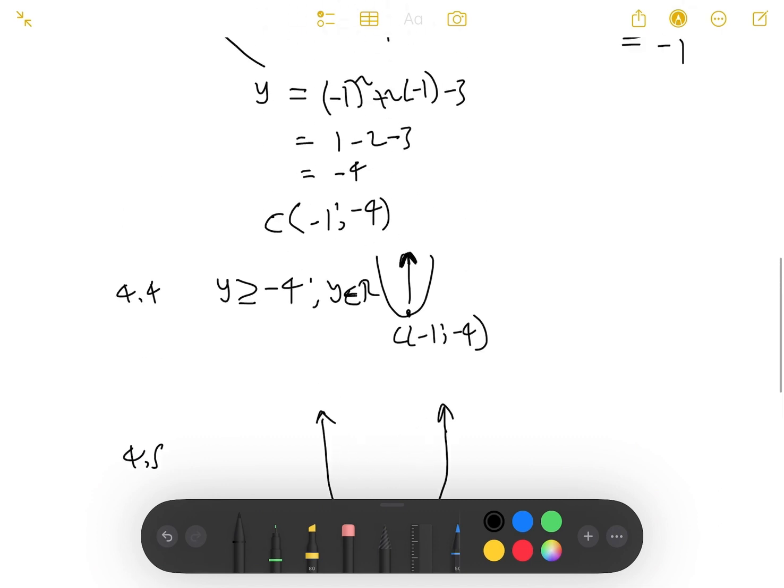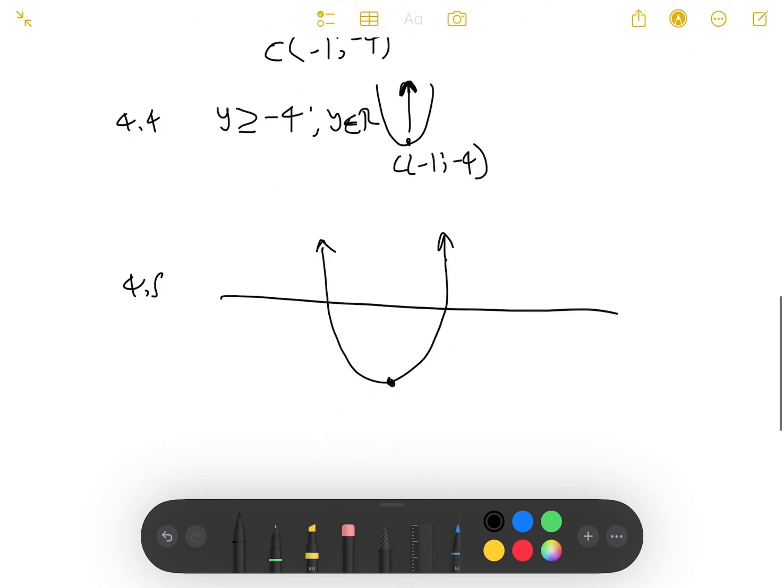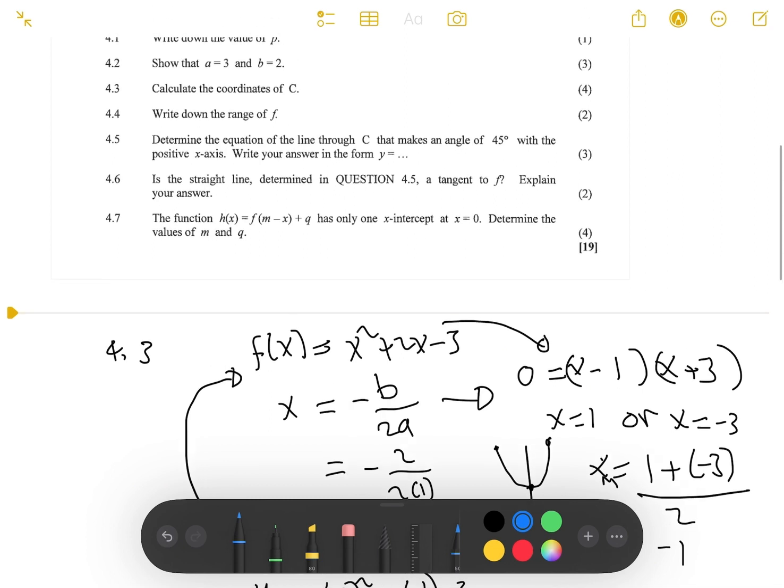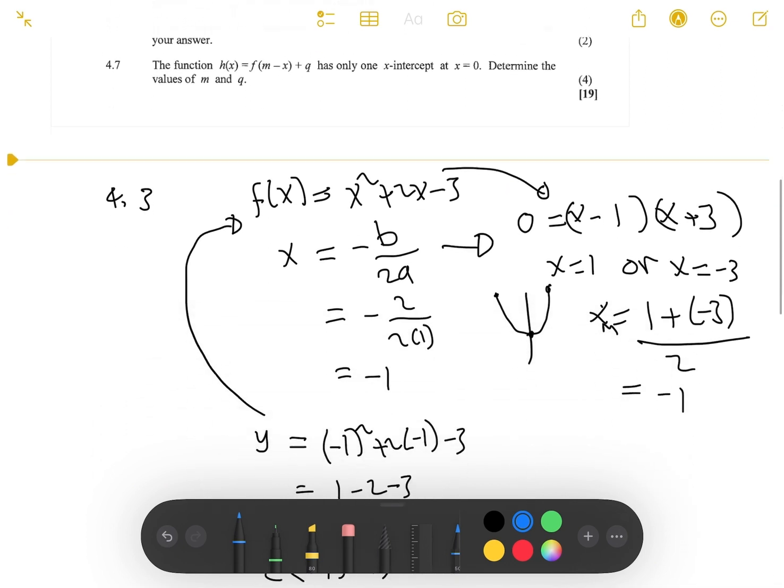Apologies if my sketch isn't as accurate, but basically this is a line that is something like this. It's not drawn to proportion, so it doesn't necessarily intercept here. But in any case, it makes a 45-degree angle with the positive x-axis.